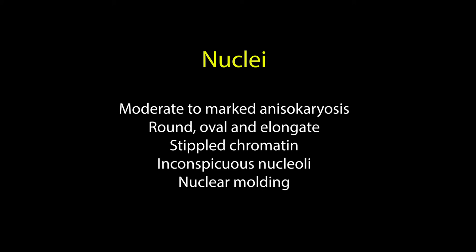The nuclei are often a mixture of round, oval and elongate nuclei in the one case. They tend to have very hyperchromatic nuclei with stippled chromatin, so dotty, they have what we call inconspicuous nucleoli, so they're sometimes apparent, but they're not large. And a key feature is nuclear moulding, so nuclei wrapping around each other.